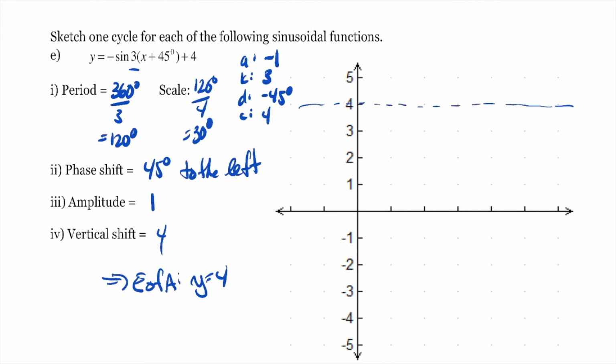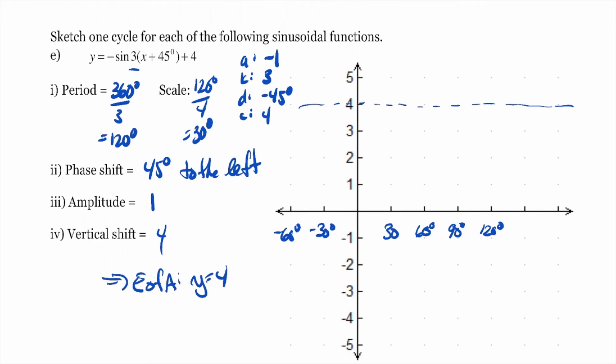So this one is a little bit tricky because as we label our scale, it's 30. So every tick is going to be 30 degrees. So it's going to be 30, 60, 90, 120. And I need to do it to the left because it's going to be shifted to the left. So let's do minus 30 degrees, minus 60 degrees.